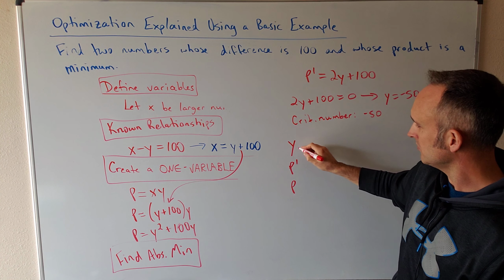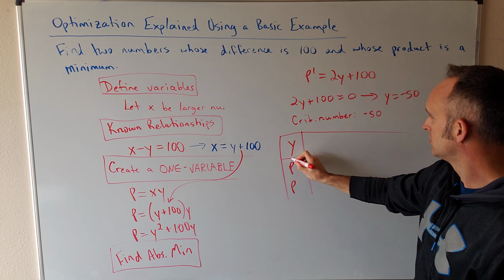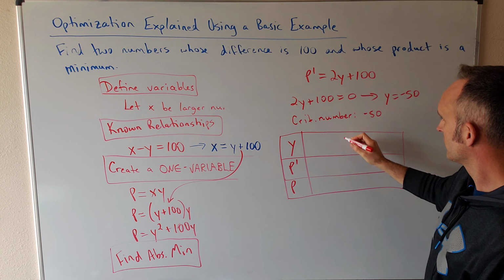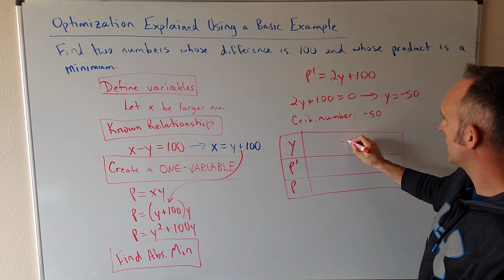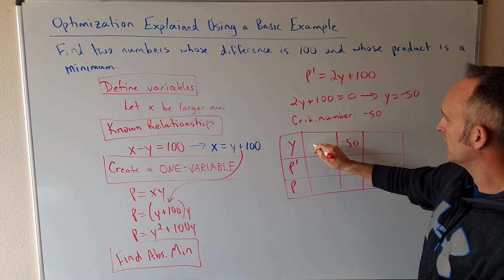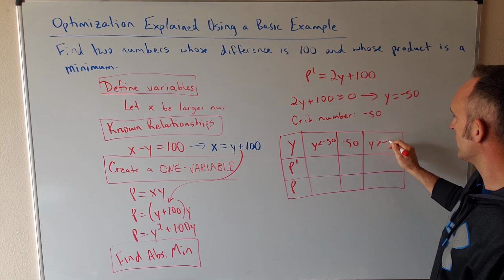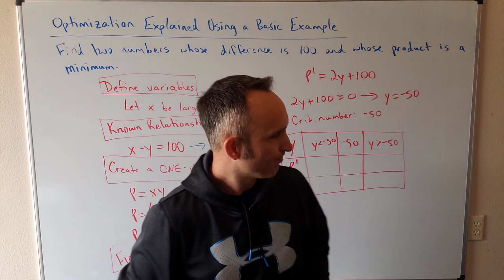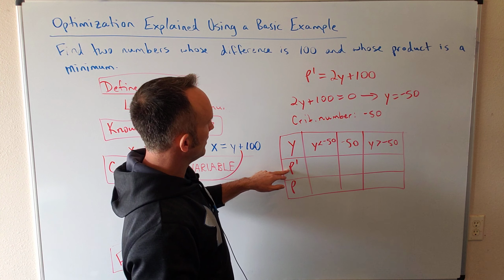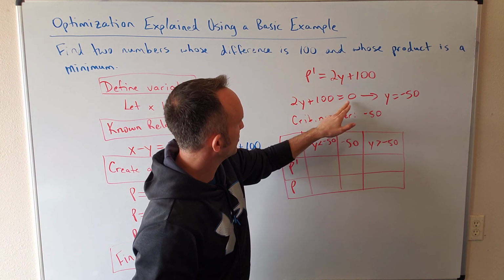Okay? So let's see, our only critical number is at y equals negative 50. And then I've got over here y values less than negative 50, and over here y values greater than negative 50. All right, so p prime, when y is negative 50, p prime equals 0.